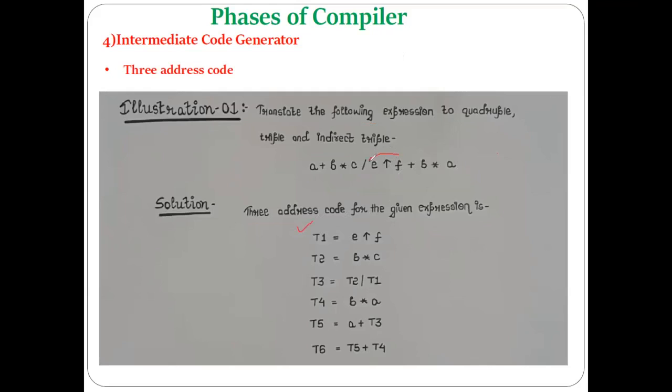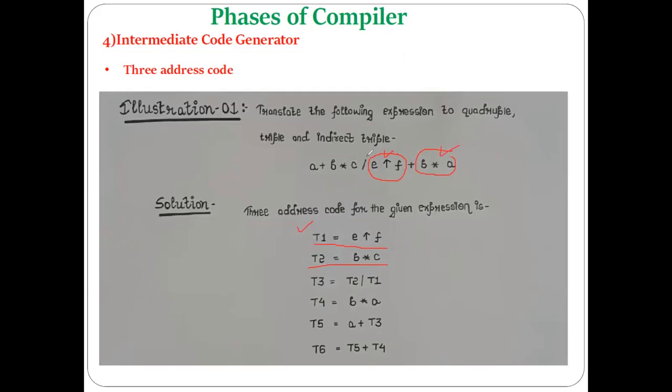The highest precedence is given to the raised to operator. That is the reason the first three address code statement is t1 equal to e raised to f. Then the next preference will be given to t2 equal to b into c, because multiplication has the second precedence.